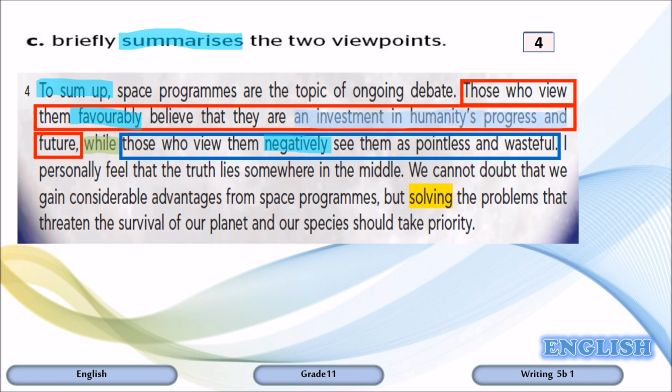After favorably, we should have an argument or an idea that is in favor of the topic, and after the word negatively, we should have an idea, a statement, or anything that is against. Look here, those who view them negatively see them as pointless and wasteful.